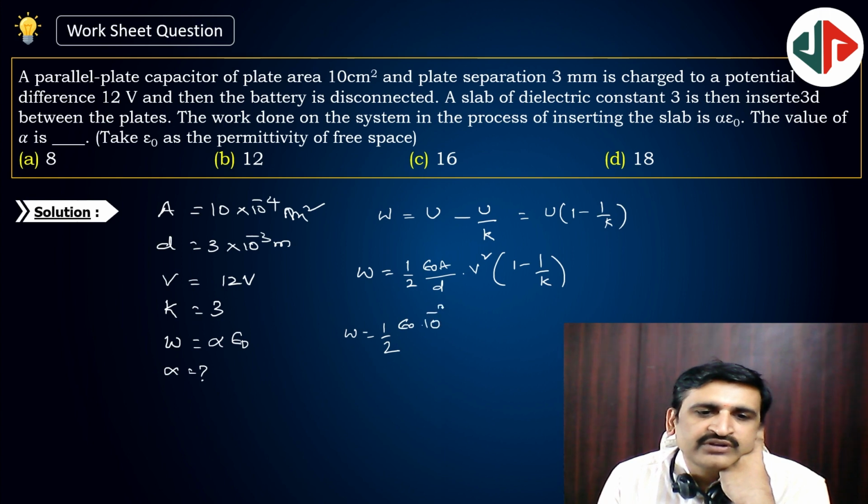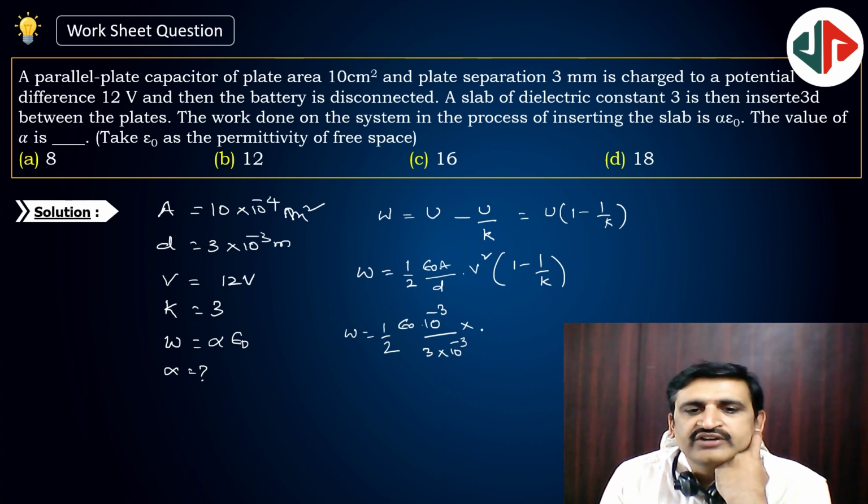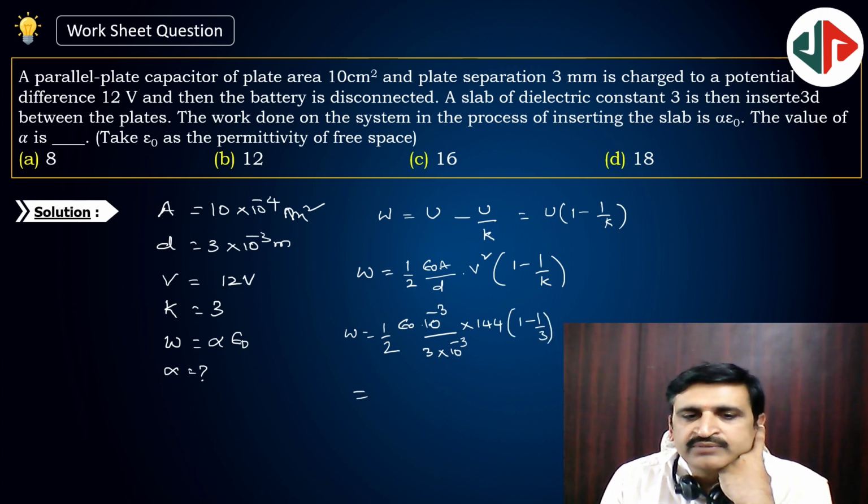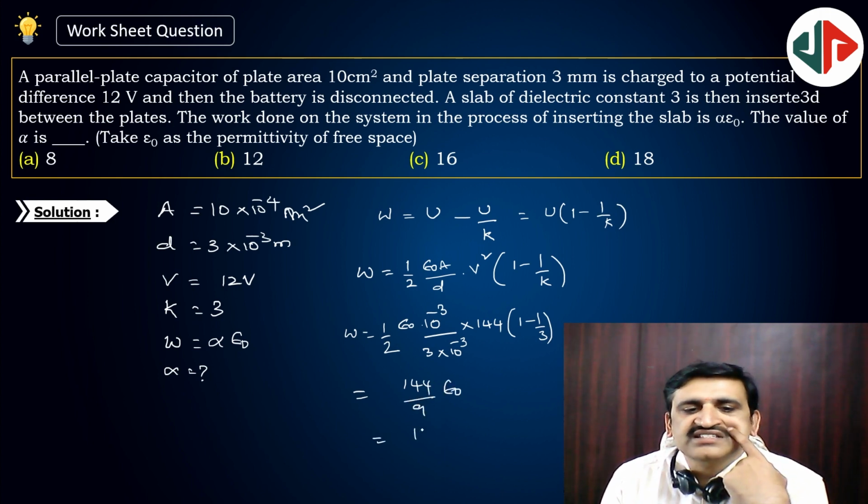Area 10 to the power of minus 3, distance 3 into 10 to the power of minus 3, epsilon naught A by D, into V square. V value 12, 12 squared is 144, into 1 minus 1 by 3. 10 power minus 3 will go. This is 2 by 3, 2 will go. So 144 by 9 epsilon naught, 9 16s, 16 epsilon naught. So alpha is equal to 16.